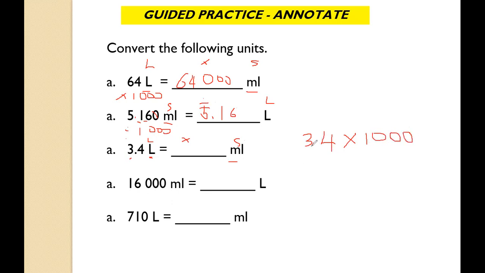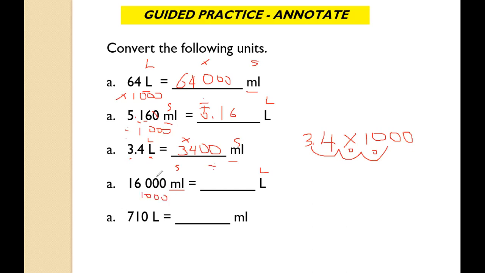So we will move 3 times. 1, 2, 3. We don't have anything here, so we need to add a 0. Okay, so 3,400 milliliters.